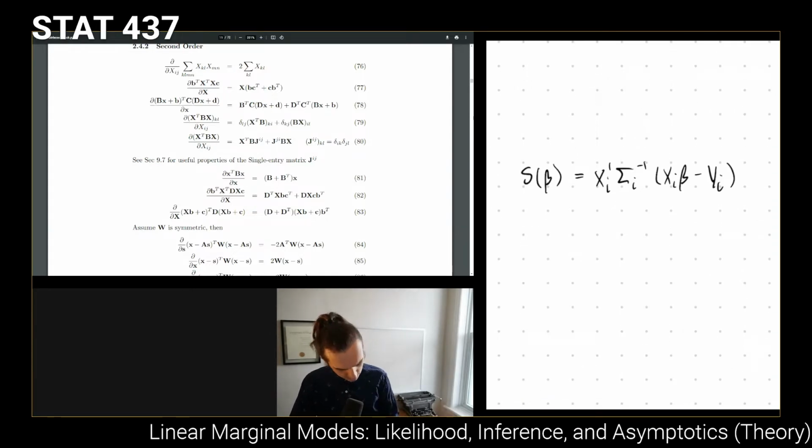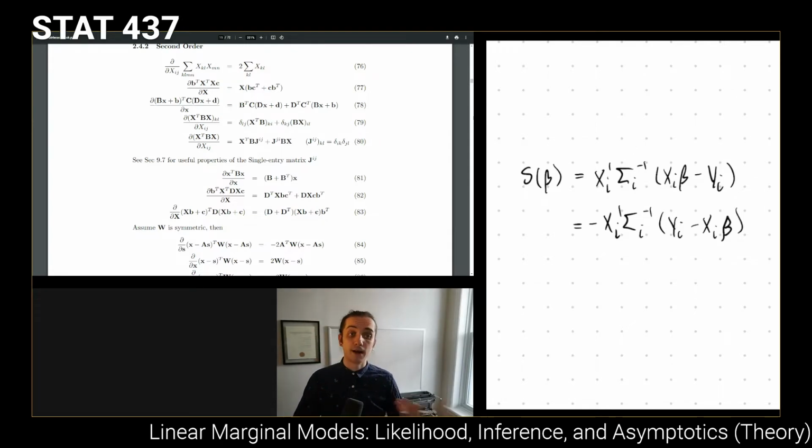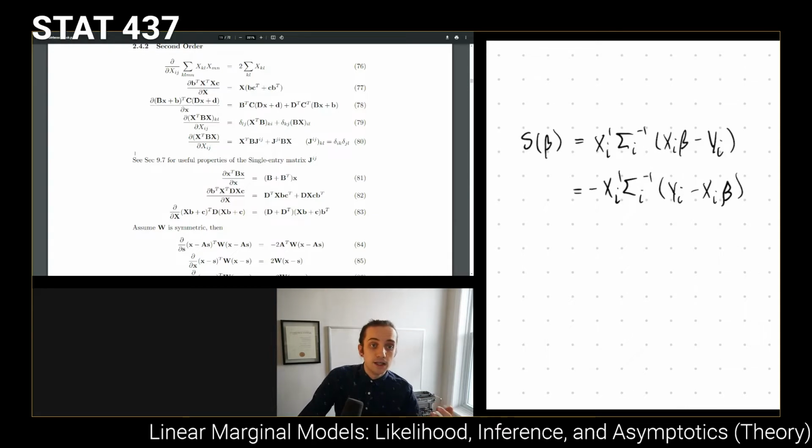Now, more commonly, you're going to see this written as negative Xi transpose sigma i inverse (yi minus Xi beta), and that's just because that yi minus Xi beta residual term comes up quite frequently. But now all we would have to do is solve this for beta hat.